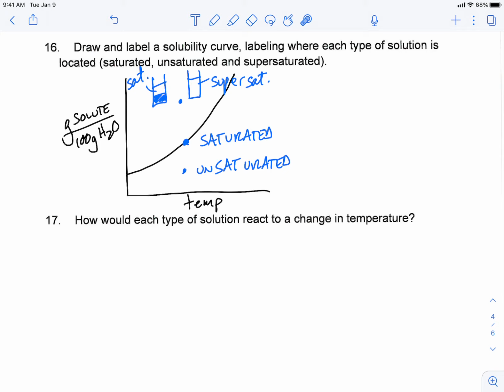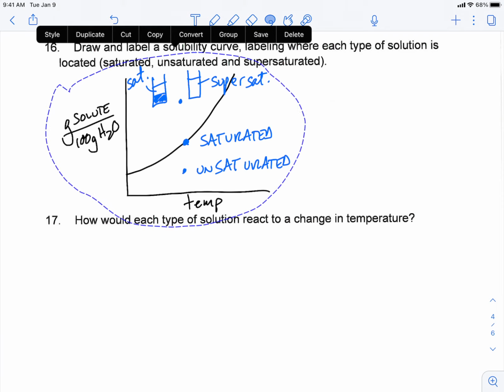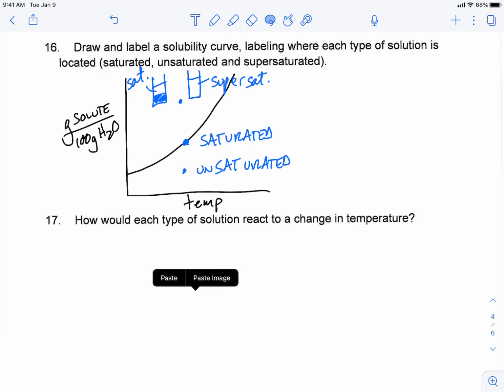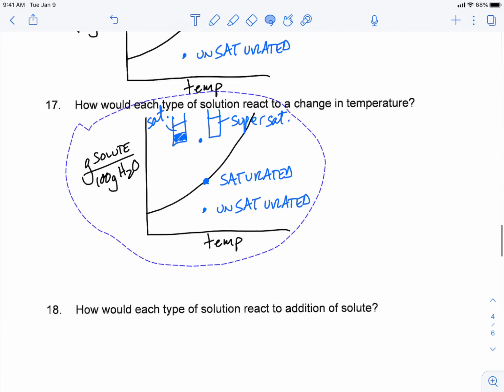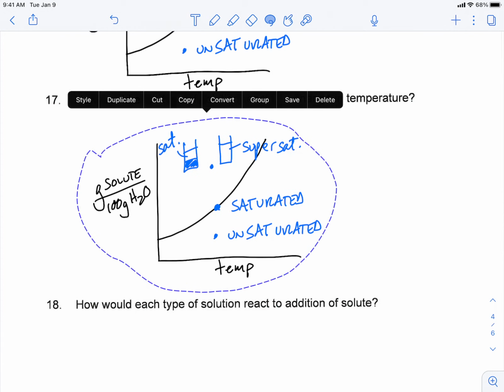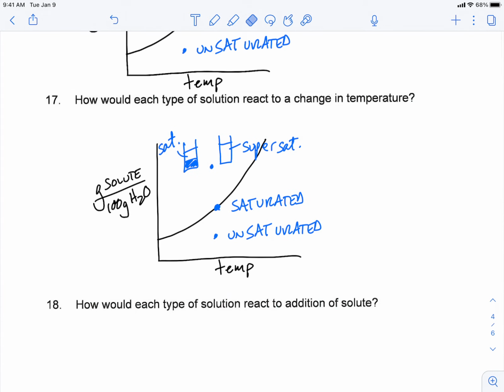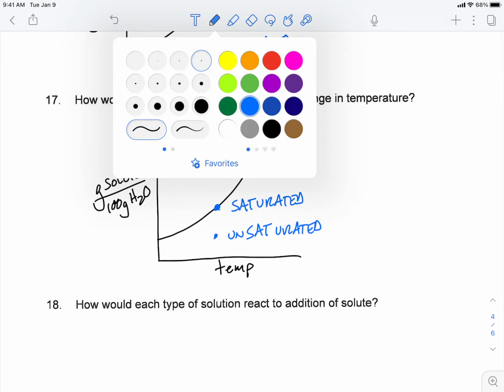How would each type of solution react to a change in temperature? So what I would do then is if I could maybe copy this, let's see if I can. Paste it over here. And I'm just going to remove my pictures for the moment. So if I had a saturated solution, how would it react to a change in the temperature?